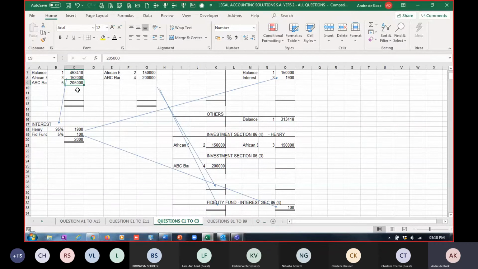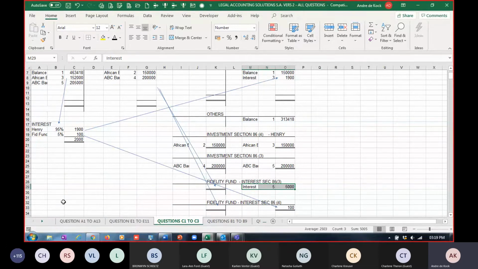So the investment that has come back, I no longer have this investment, so I'm going to credit the investment with the 200, but the 5,000, all of that interest accrues to the Fidelity Fund. Now I open a separate account called the Fidelity Fund interest in terms of section 86.3, and I credit the 5,000 there. Now you might ask me, but look, you're paying the Fidelity Fund, why open two accounts here?